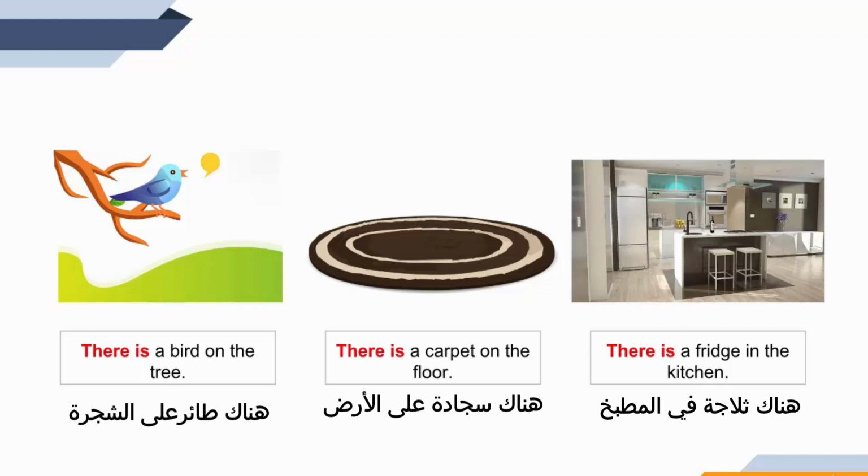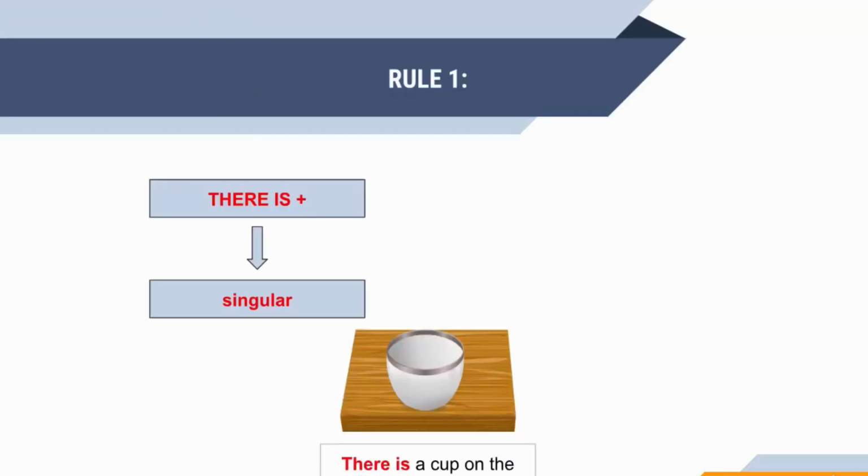So all of these examples are situations in which we use there is plus singular noun. There is a cup on the table. There is a watch. There is a clock.